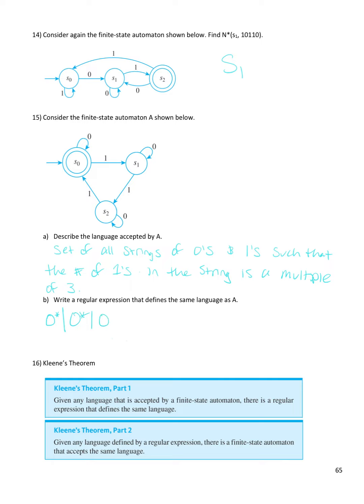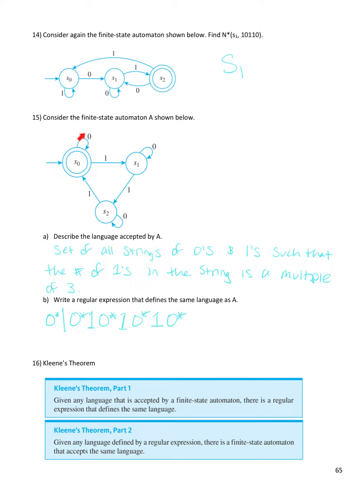Followed by any number of zeros, so 0 star. Followed by a 1. I'm going to put little things on my 1s so we don't get confused with the or symbol. Okay, so where am I? 0 star. So any number of zeros followed by a 1, followed by any number of zeros followed by a 1, followed by any number of zeros followed by a 1, followed by any number of zeros. This regular expression would land me at the acceptance state.